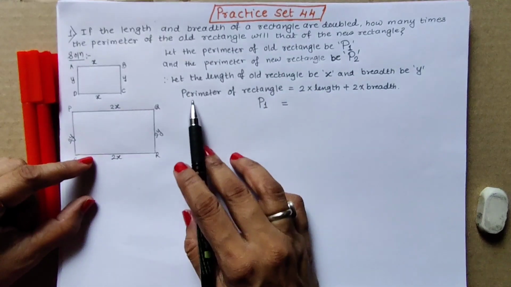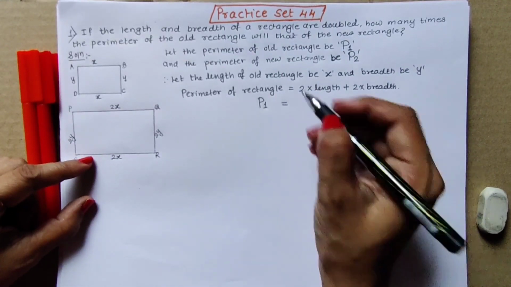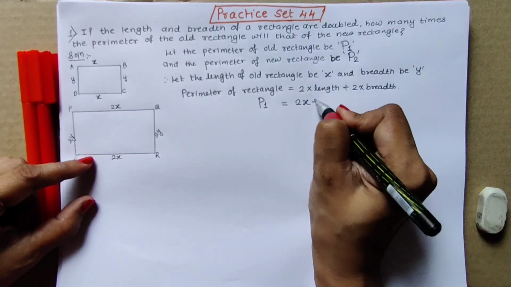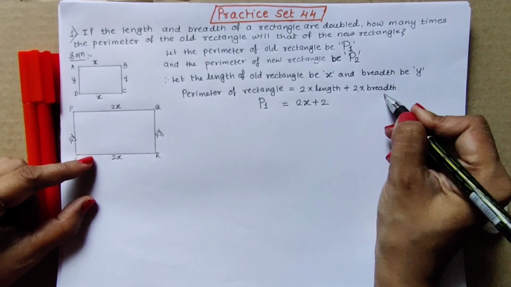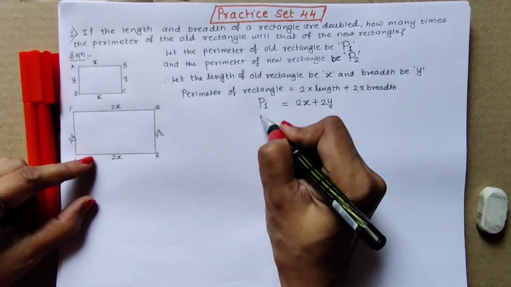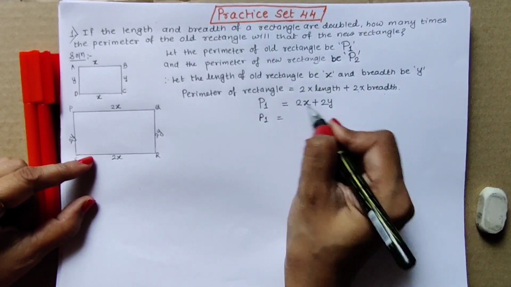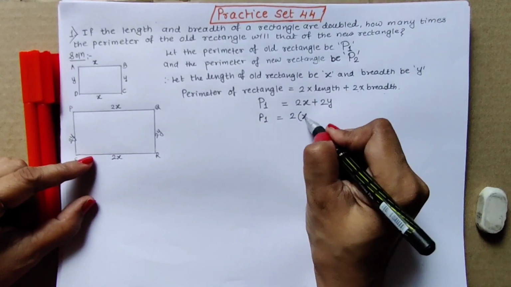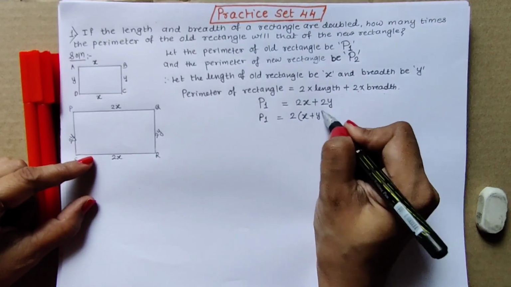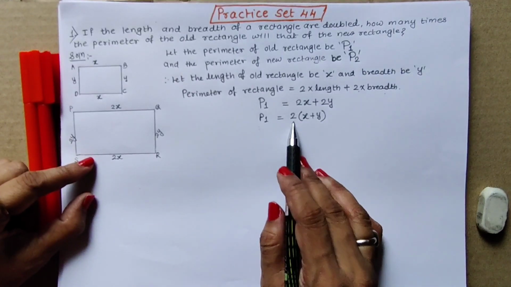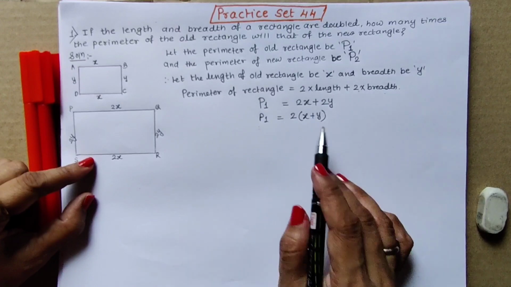I have written here perimeter of first rectangle: 2 into length, length is x we have taken, plus 2 into y, breadth is y we have taken. So P1 we have got, this 2 we can take out common, in bracket write down x from the length and y from the breadth. So in this way P1, perimeter of first rectangle, we have got 2 into x plus y.